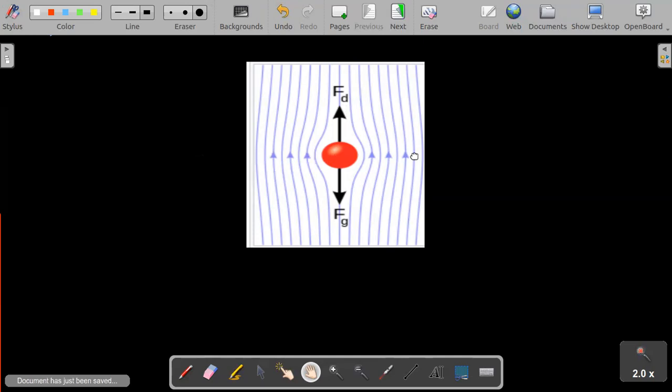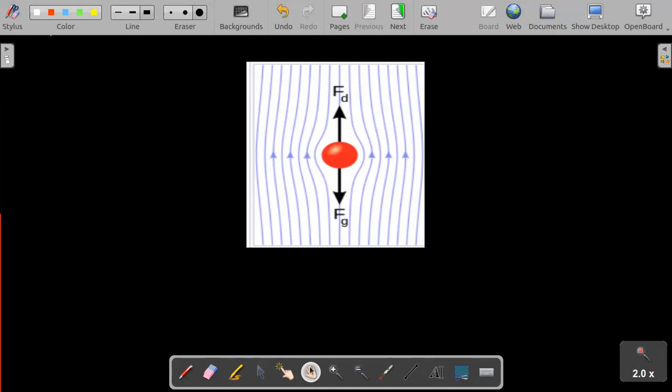Because of this, the body experiences an opposition from the fluid which tries to retard the motion of the spherical ball. As the velocity of the body increases, this retarding force also increases. I have shown here Fd as the retarding force or drag force, and Fg as the gravitational force, or the weight of the body.